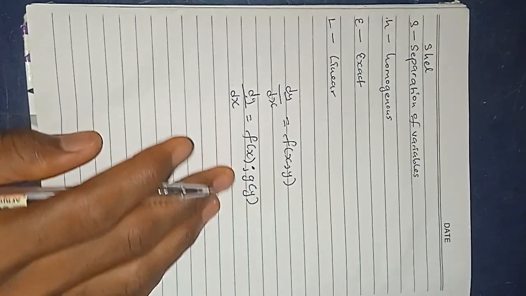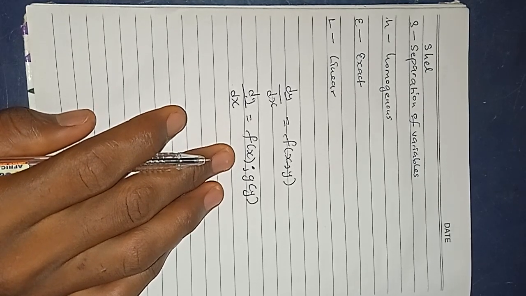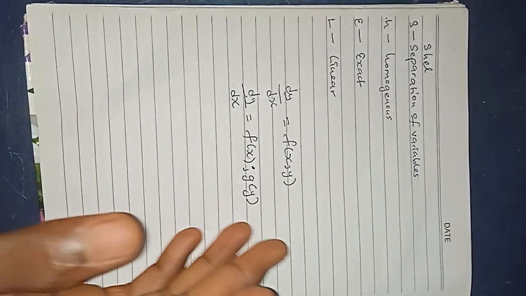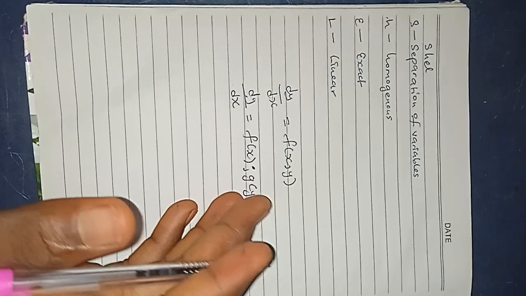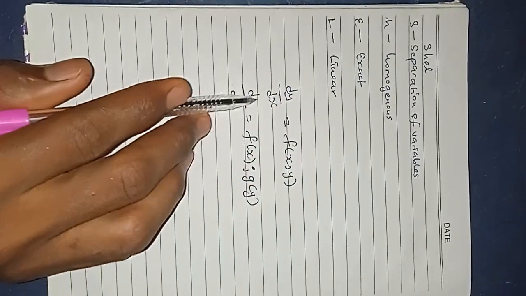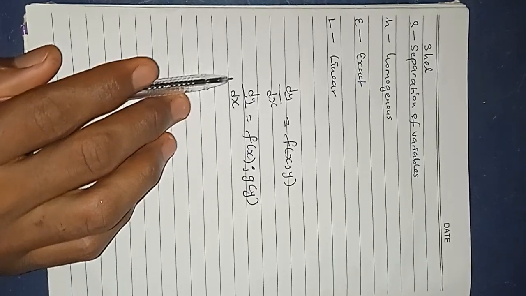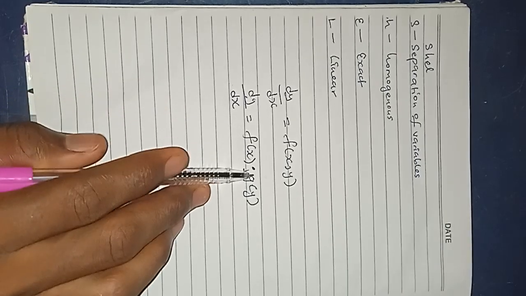When solving with the method of separation of variables, what you simply do is move all the y terms, all the coefficients of y and dy, to the left hand side. That is, make sure dy and all the g of y are on the left hand side. Then make sure dx and all of the x are on the right hand side.